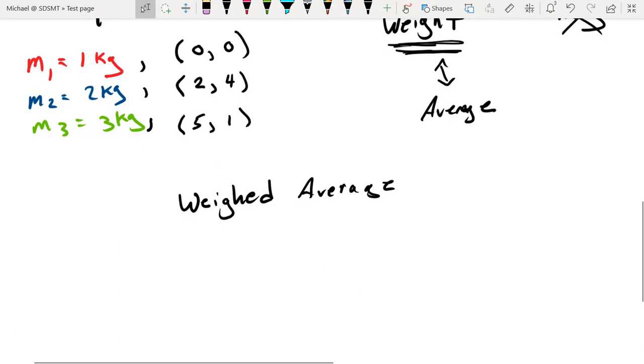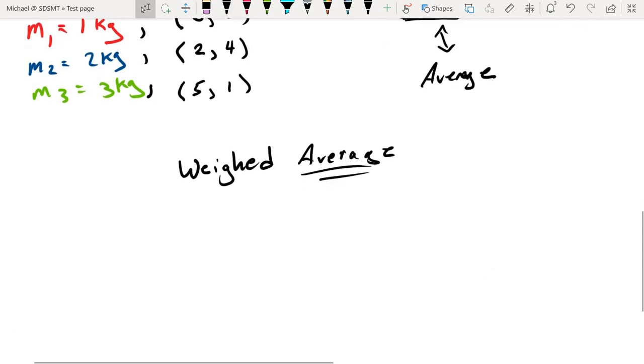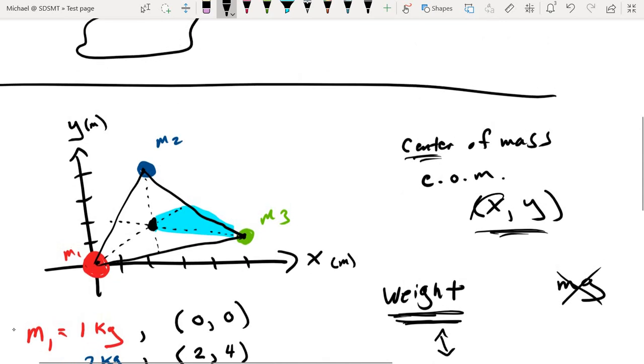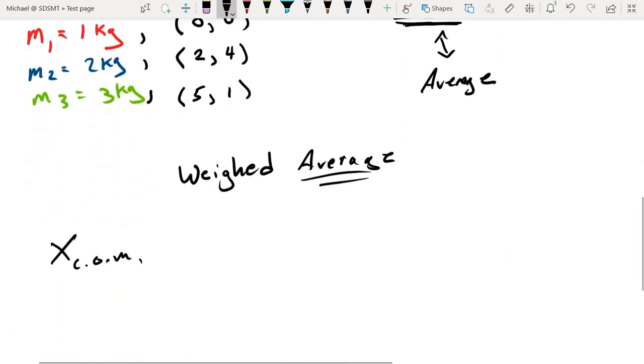we're going to start with a regular average, and we'll start with just the x values. So we want to find the physical location along the x-axis where our center of mass is located.